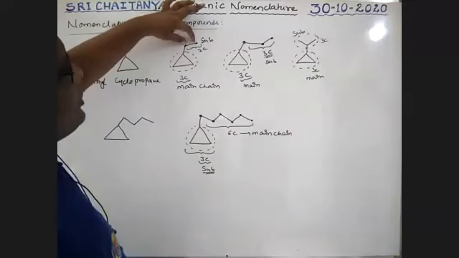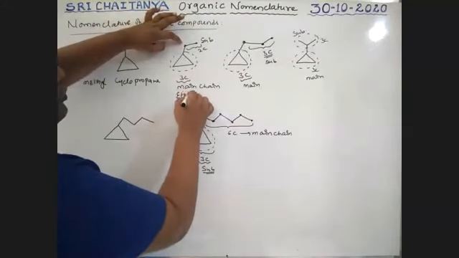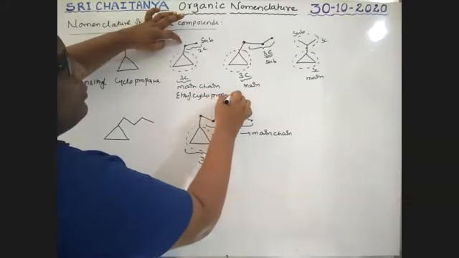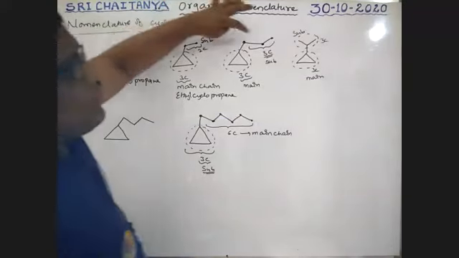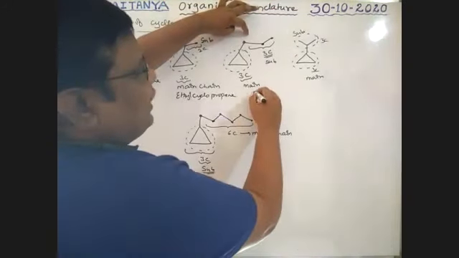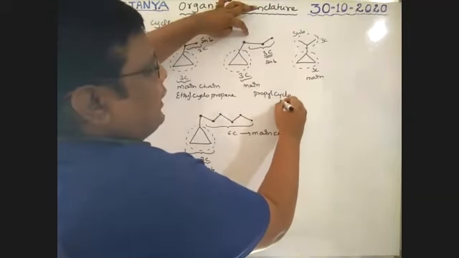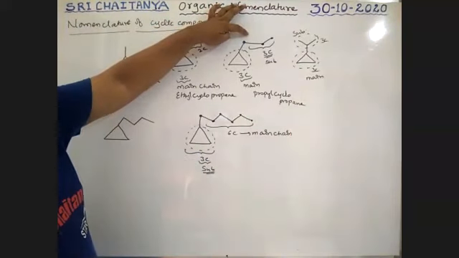It is a 2 carbon substituent on the ring. Therefore, ethyl cyclopropane is the name. Now a 3 carbon propyl group: propyl cyclopropane is the name of this compound.